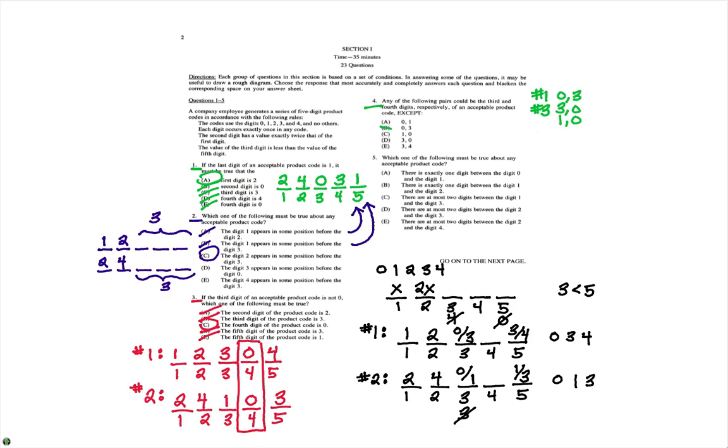So we know C is out and D also is out because it could be true. Which leaves us with A and E. So first, let's check A. Is it possible to have a scenario where we have 0 and 1 going third and fourth?